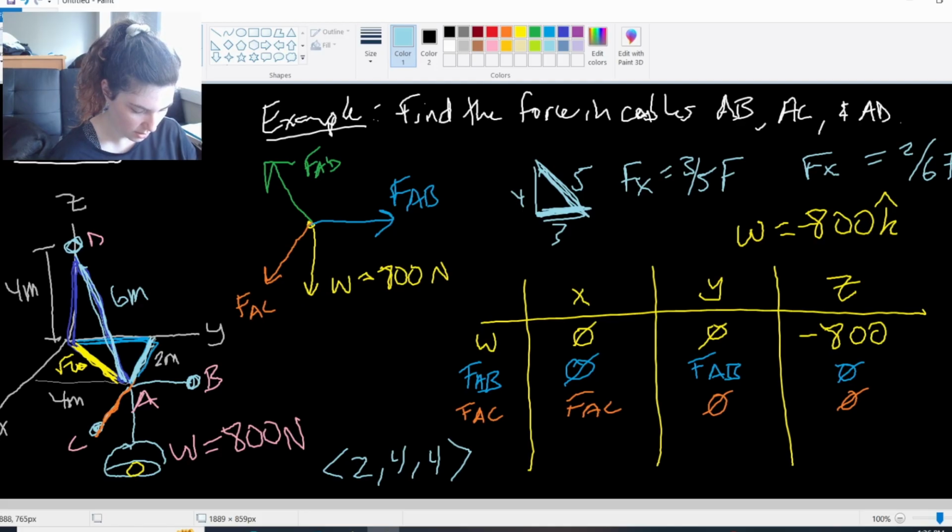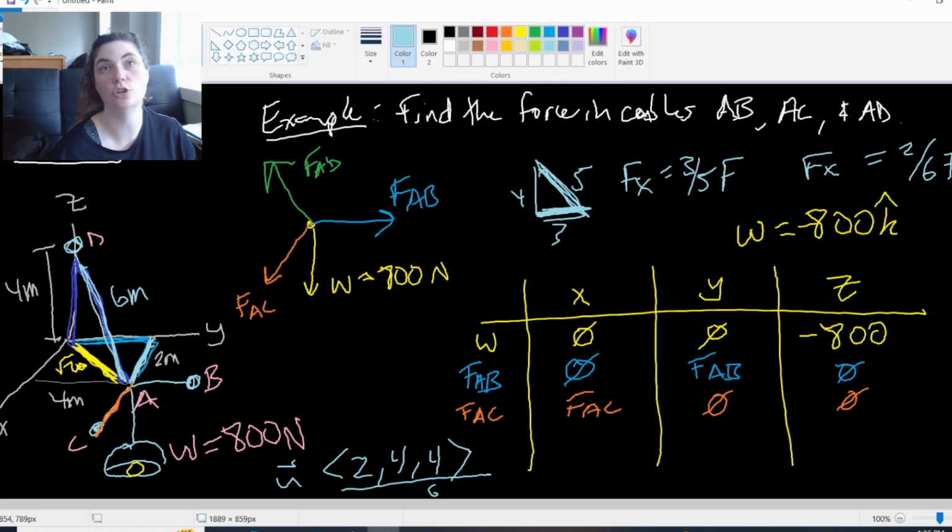And then when we find a unit vector for that, a unit vector of that position vector would be divided by the magnitude of AD, which would be 6, right? So it's the exact same idea. I kind of just took a shortcut here, and I was able to use my ratio triangles instead of going through the whole finding a position vector and then using this unit vector ratio and multiplying it by F, as we had done in some problems before.